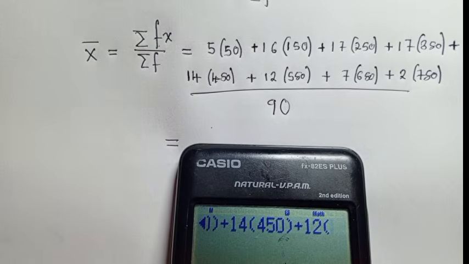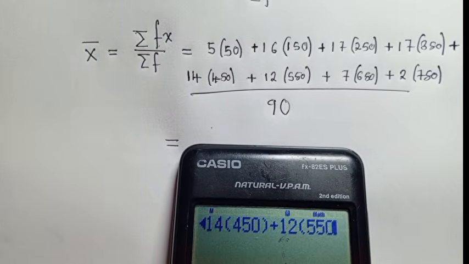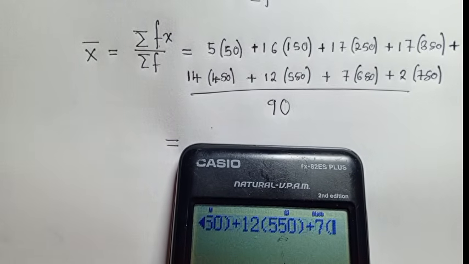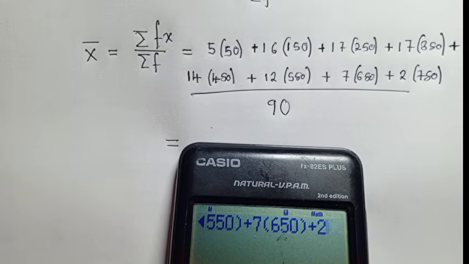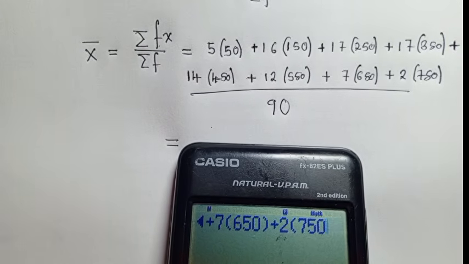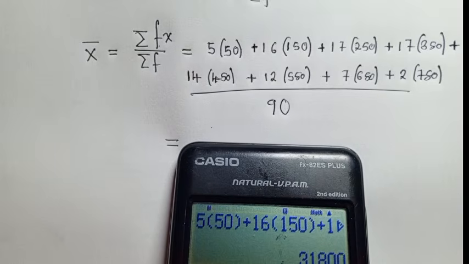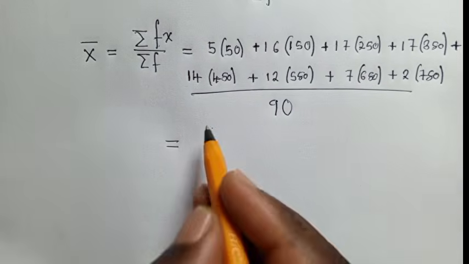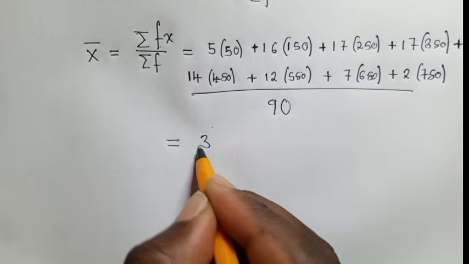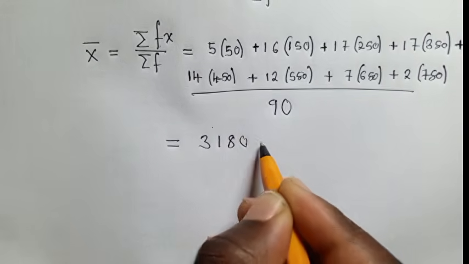I have 550 inside, plus a 7, 650 inside the brackets, plus 2, 750. So when I say equal to, you see what I'm getting? I don't want to waste my time, so I'll just punch, and this is okay. You can also do the same.